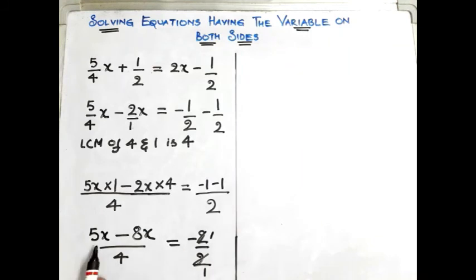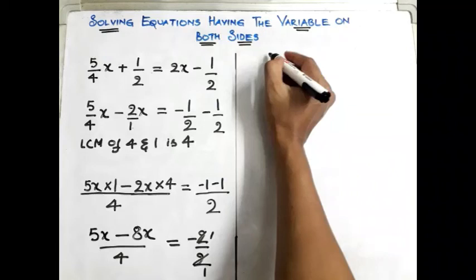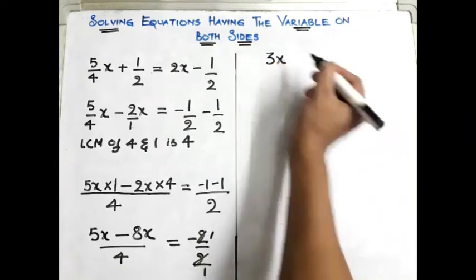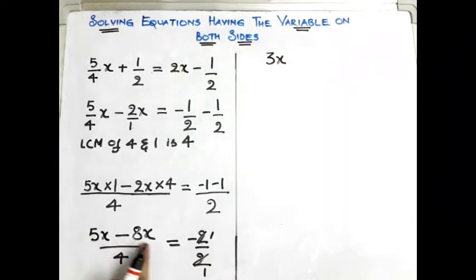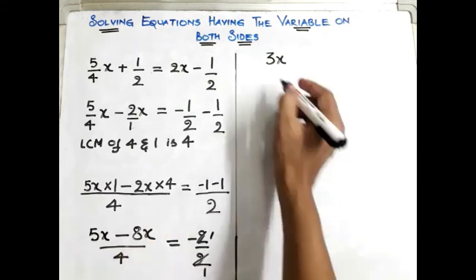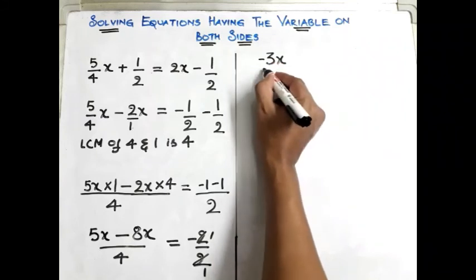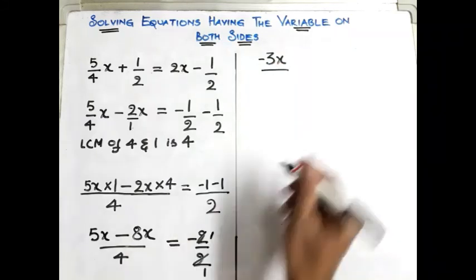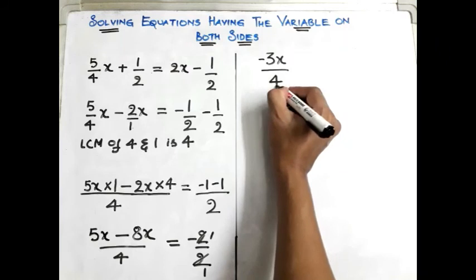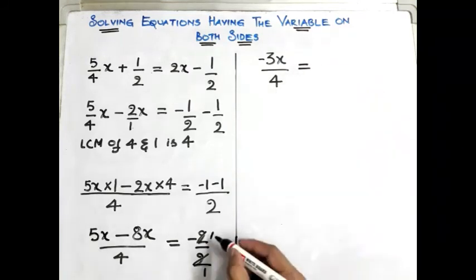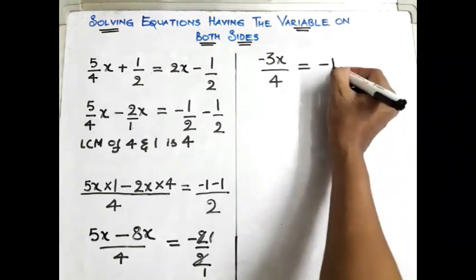Now 5x minus 8x. Plus and minus means you will do subtraction. So 8 minus 5 gives us 3x, and 8x is the biggest one and it is carrying the minus sign, so the solution will get that sign. So minus 3x by the denominator 4 comes as it is, equal to, as we cancel this one time and one time, you will have minus 1.